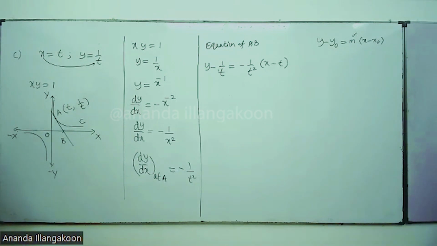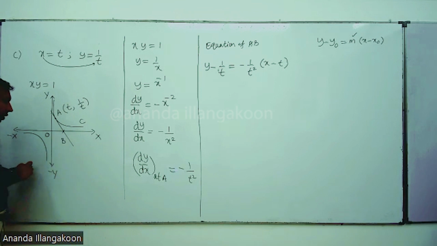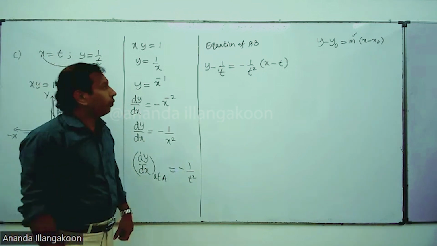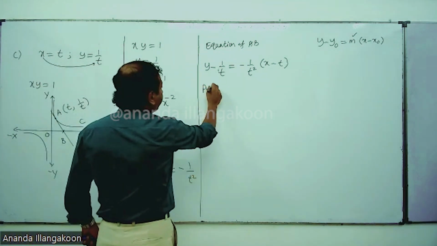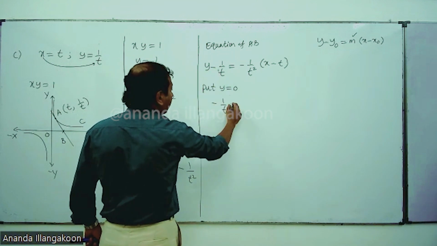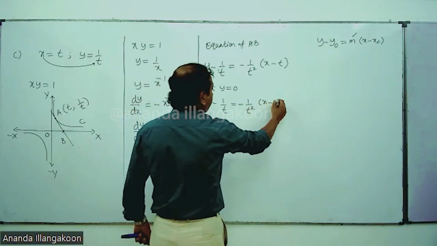But I am not going to simplify this. I need to find only the x coordinate of the point B. You know the y coordinate of the point B is 0, because the point B lies on the x axis. Put y equals 0. We get minus 1 over t equals minus 1 over t squared times x minus t.